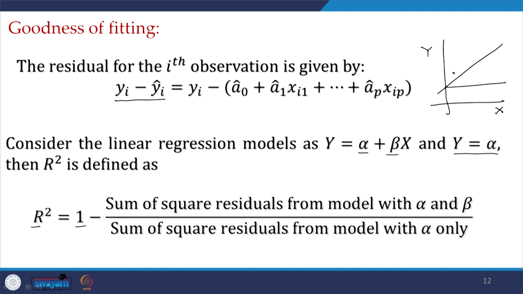So, if you are having points like this, these are the residuals. So, the sum of square of all these lengths will be, let us say, in the numerator, and then all these lengths, given by the red color, and the square of all these will be in the denominator. So, this is the formula for calculating R square.